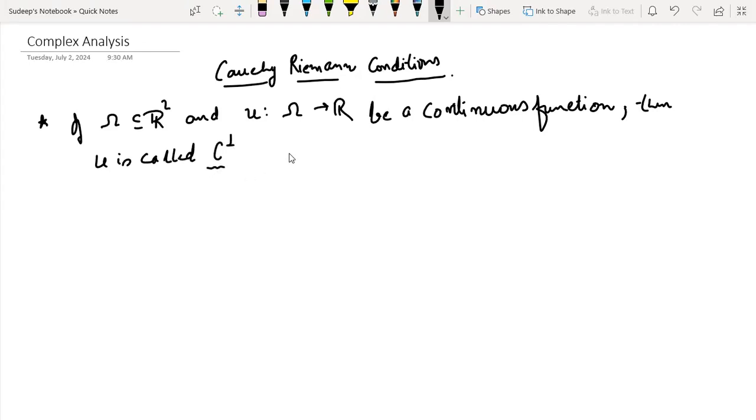This is the notation. In terminology, we say it is a continuously differentiable function.